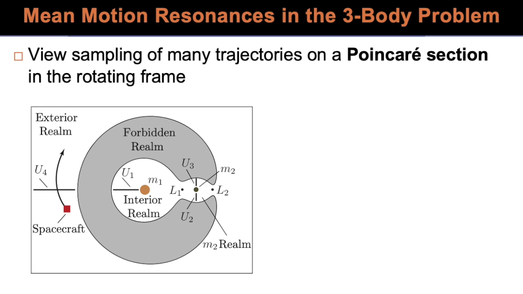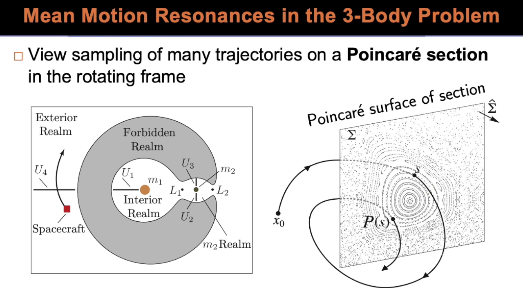We have referred to it before, the Poincare section, but now we're looking at a whole bunch of trajectories. We start with a grid of initial conditions, typically at the same 3-body energy, and follow where they go. We could look in both the exterior realm or the interior realm around the Earth.